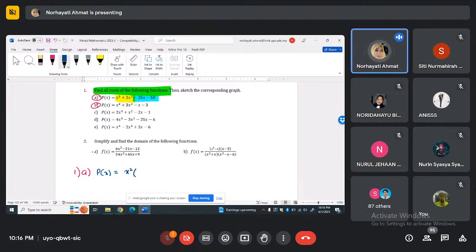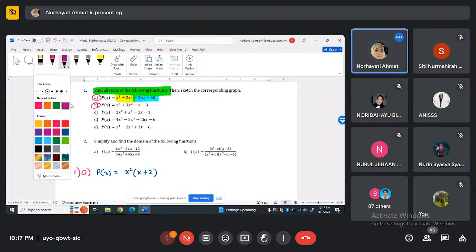X square. So in bracket, for the first term, we have only X. So X square times X give us X cube. Plus, this is 2X square. So, hanya ada 2 sahaja. Okay, 2. 2 times X square is 2X square. Okay, now for the turquoise terms, okay, kita ada, apa dia?